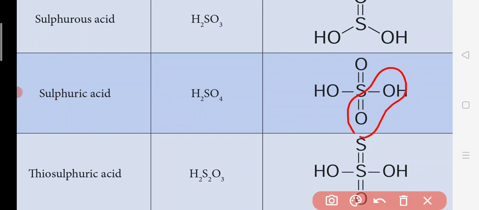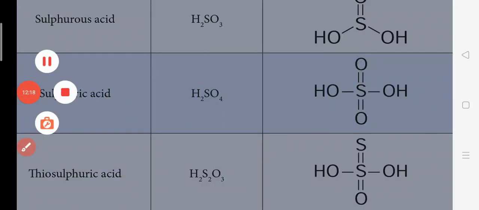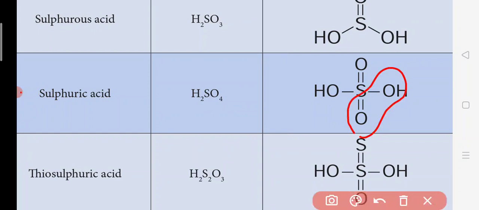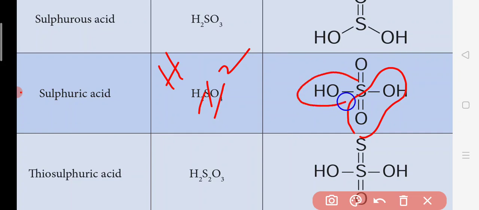For the remaining, one sulfur and two oxygens are over, and one hydrogen is there. One hydrogen you cannot put simply, so one hydrogen and oxygen will join here as OH. Remaining left out with only one oxygen, so that will come out as double bond O.